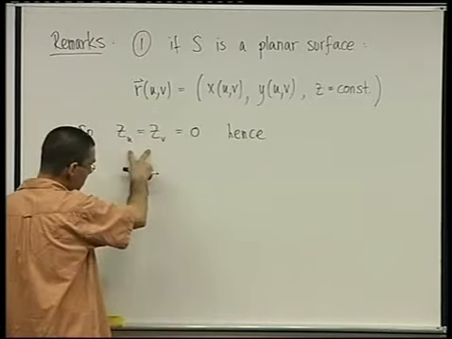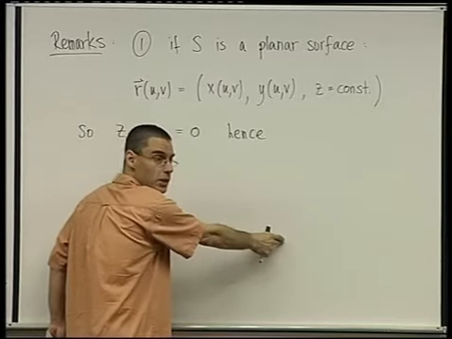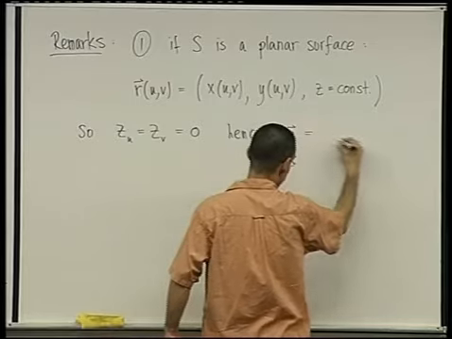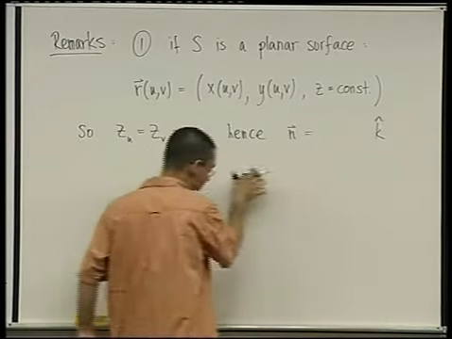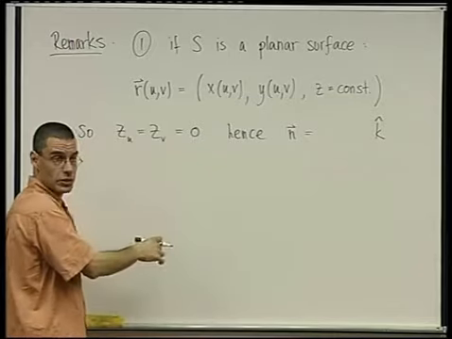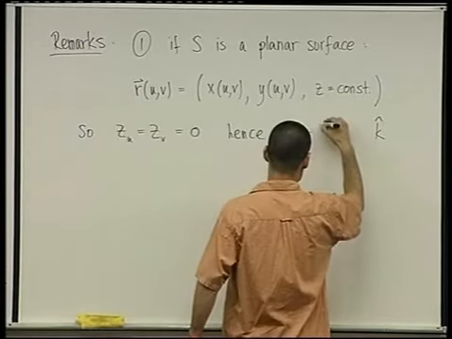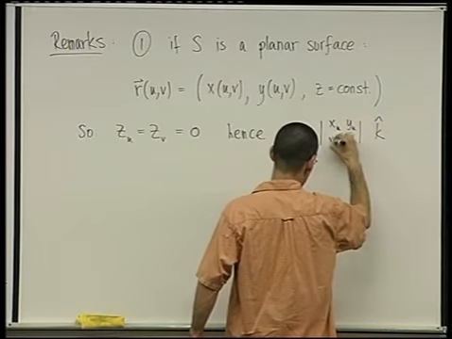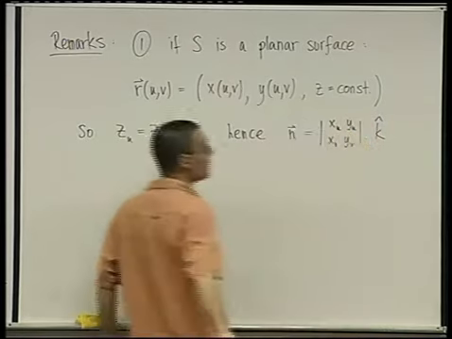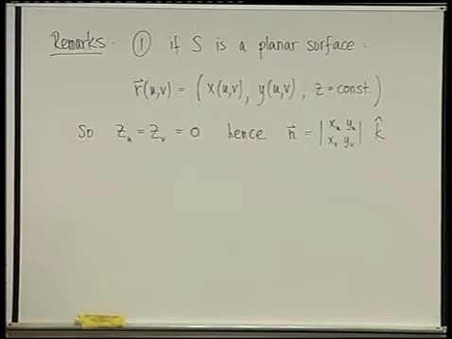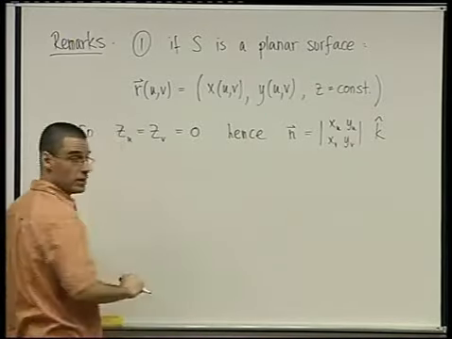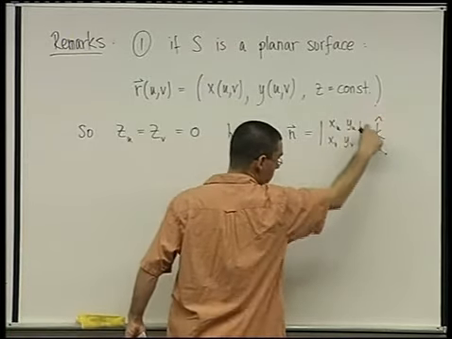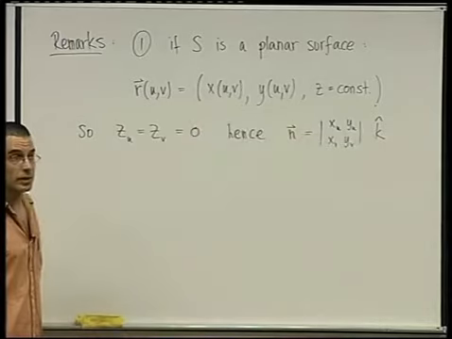But both zu and zv are 0, so the only thing that remains from the normal is the k component, and that little minor, the little determinant of, tell me if you agree, xu, yu, xv, yv. Do you agree that that's the normal? Do you see the imaginary things I did here? The original normal had i, j, k, and then 2 zeros here. So this is the only component that remains. Everybody with me?